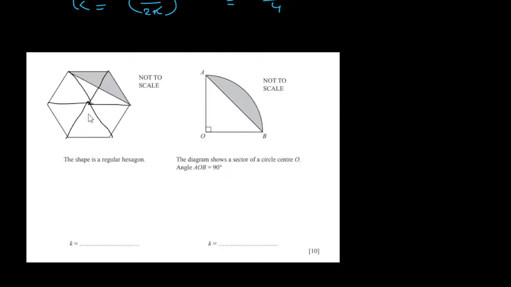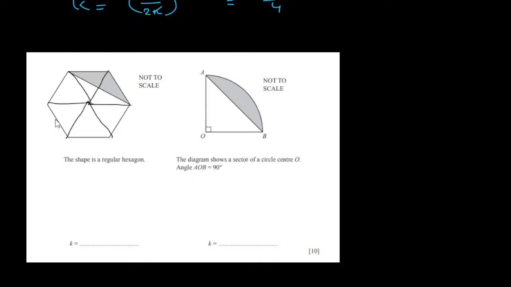Now, any simple way of doing this question, one way I understand, by using trigonometry also we can do that.